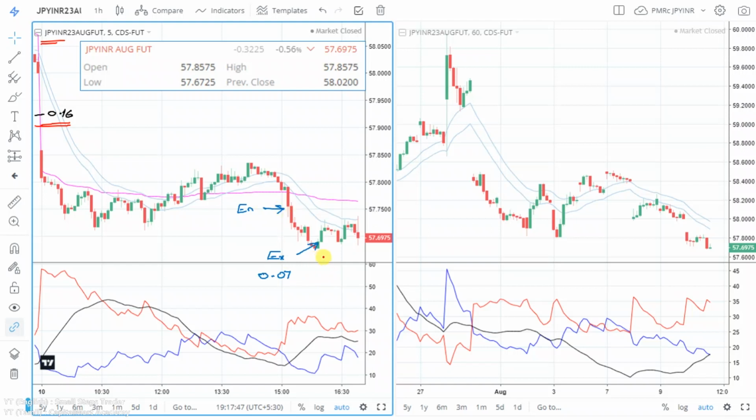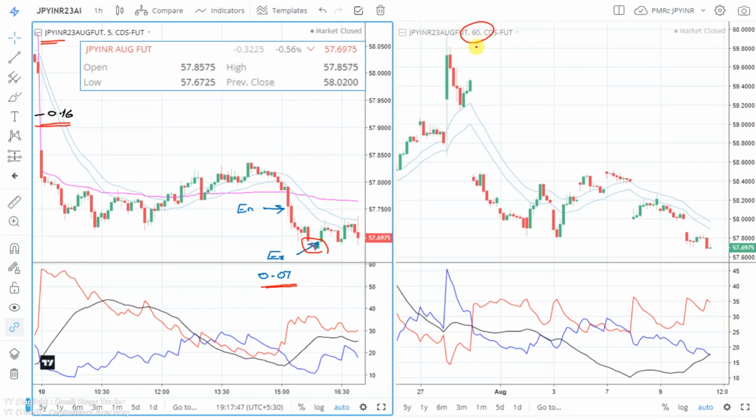At one point it came to 57.67, then it started turning upside. It's like an engulfing, we can say. So this is the place to exit. If anybody took entry here and exited here, they would have got 7 paise per lot, that is 70 rupees per lot. It's a really good, decent return, we can say.